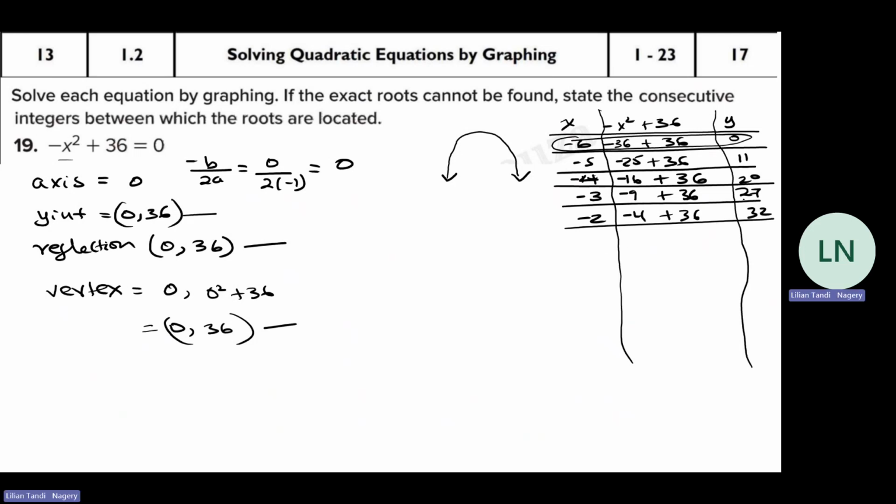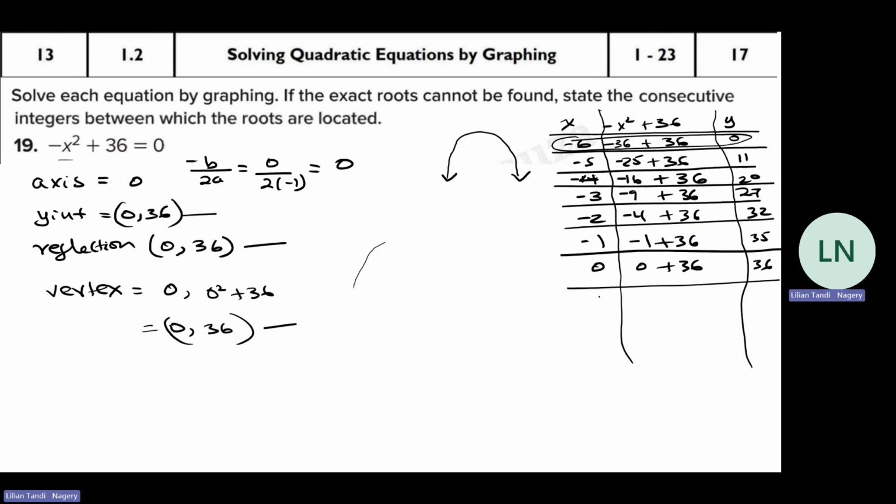So my graph is changing somewhere closer here. Then here, no, still going up. So we are going up like this, almost changing. Negative 1 will give me negative 1 plus 36, which is 35. And then 0 will give me 0 plus 36, which is 36.